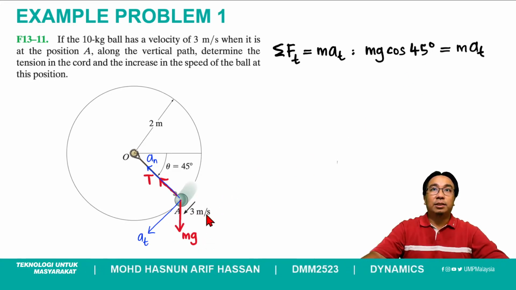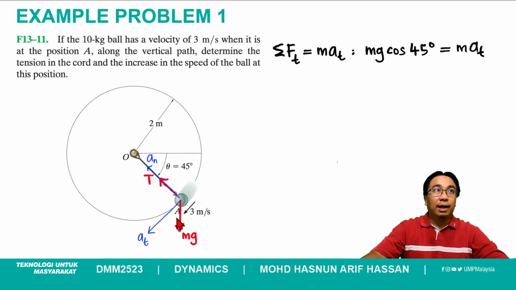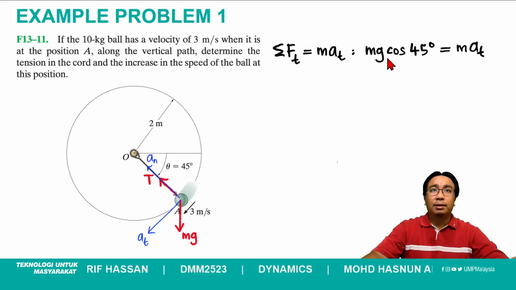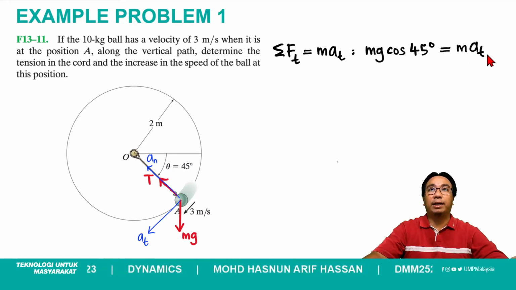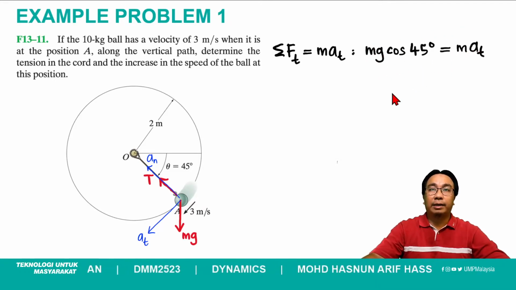So mg cos 45 degrees, you see here is 45 degrees, which means the angle between mg and AT is also 45 degrees here. Therefore, mg cos 45 is equal to mAT. Okay, you see the mass is on both sides. You can exclude the mass.